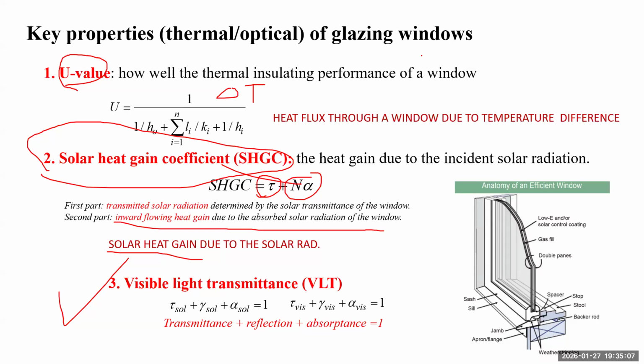Firstly, you have to ensure the visible light transmittance. This is the reason why you introduce windows.